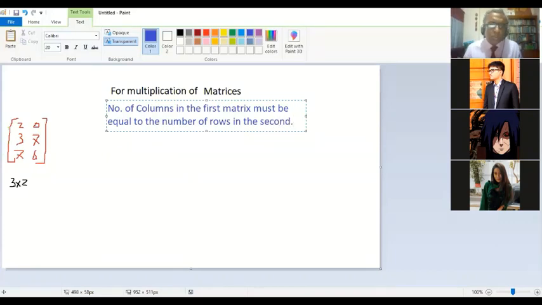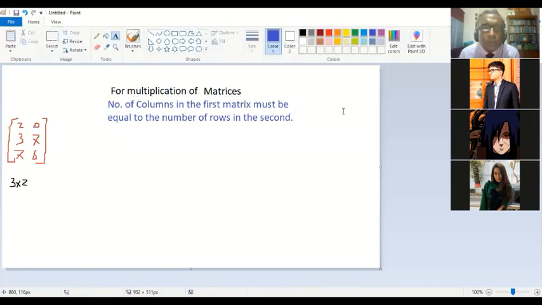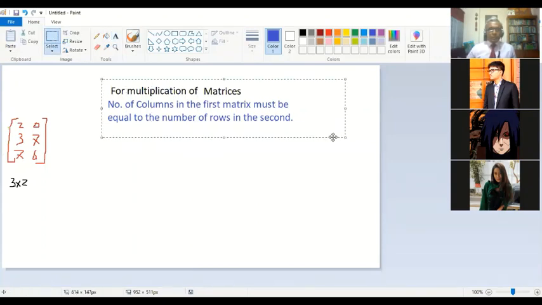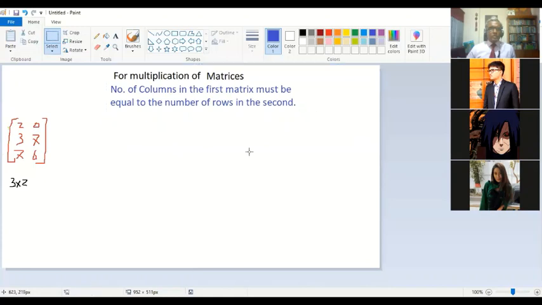Now try to understand. Read and try to understand. This is the condition for multiplication. Do you see the condition and understand?